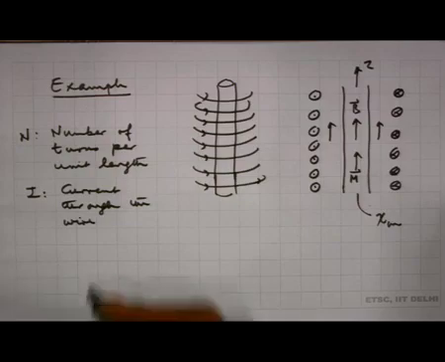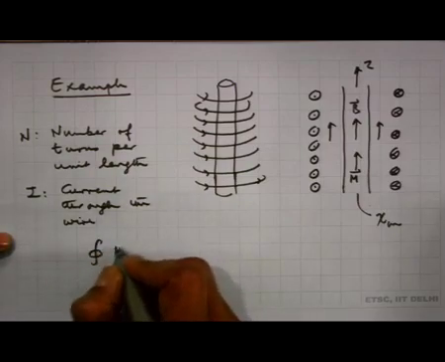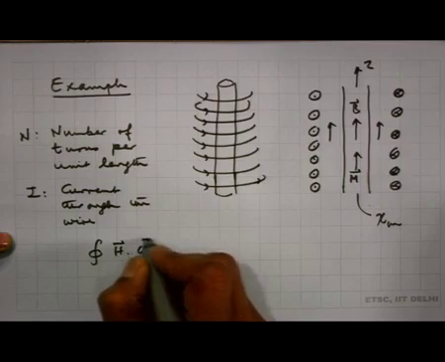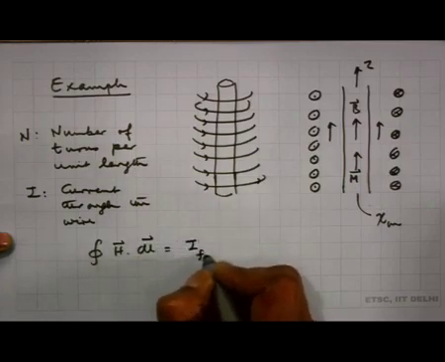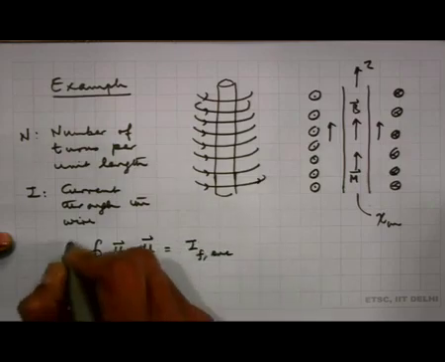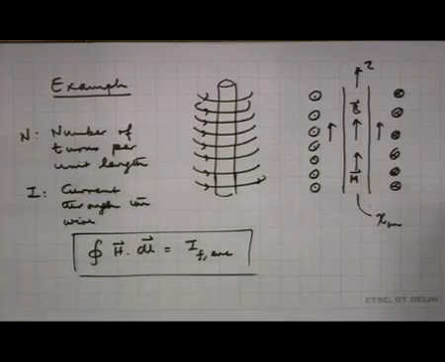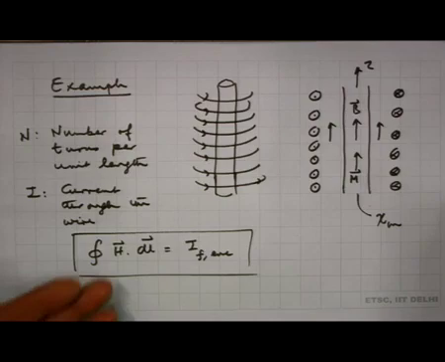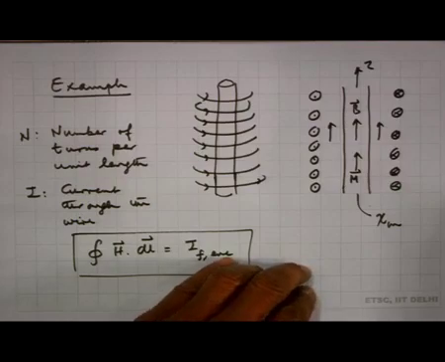Now, I want to use this modified form of Ampere's law, the closed integral of H dot dl is equal to I free enclosed. That is the Ampere's law which I want to use to calculate the H vector everywhere, because this equation is in terms of the H vector. I will calculate the H vector everywhere, and from the H vector I will be able to calculate the B vector. So, now let me draw this figure again.